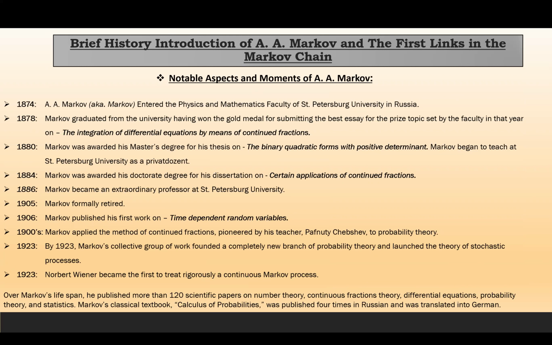He was awarded his degree in 1880 for his thesis on the binary quadratic forms with positive determinant. This thesis was outstanding, and the work was very highly esteemed by very notable statisticians. It represents one of the finest achievements of St. Petersburg School of Number Theory, and perhaps even of all Russian mathematicians.